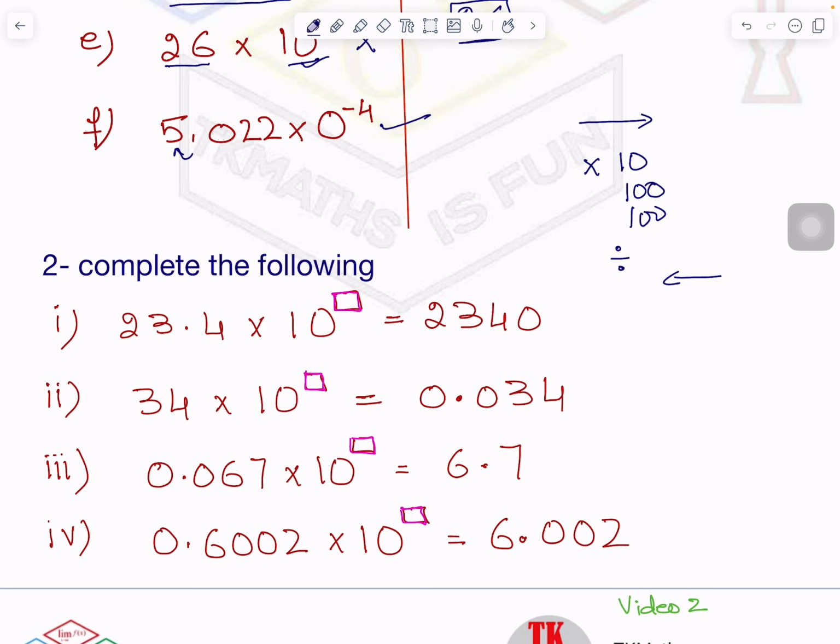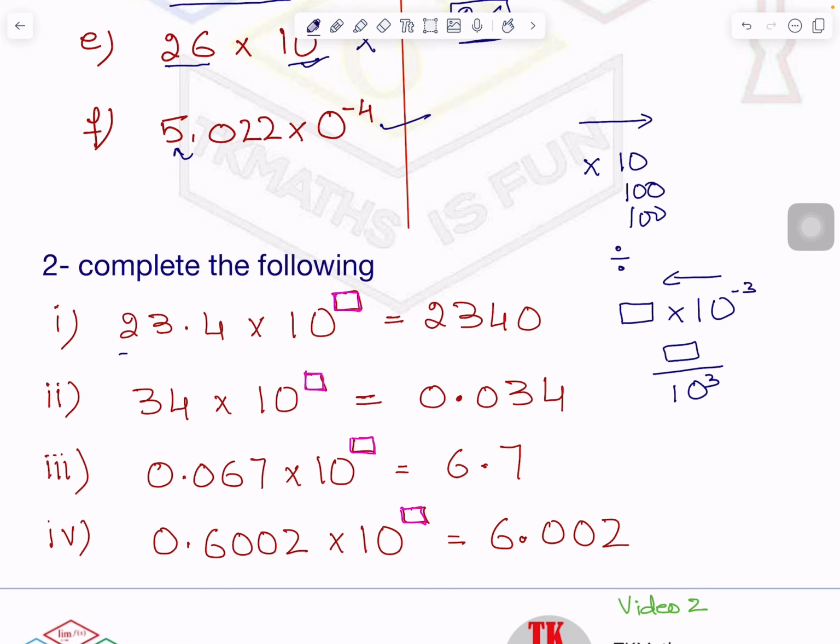We also saw in the previous video that if you are multiplying by 10 power negative integer, for example this, it means you are dividing that number by 10 power 3. This is the same thing we did in the last video. So now let's look at question 2 part 1.